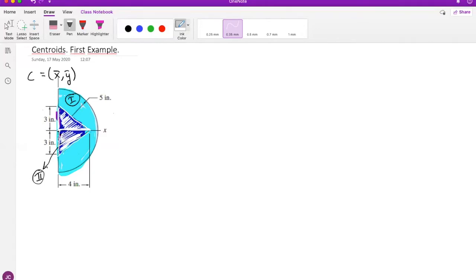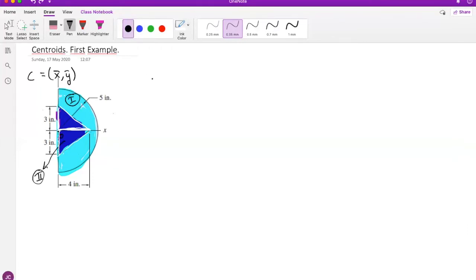So you could have 1, 2, and 3 areas, but I won't suggest it because it's a little bit harder. Let me erase that stuff over there. So now we're dealing with just 2 areas.